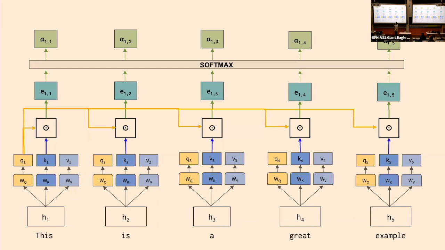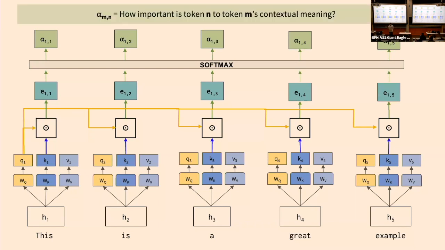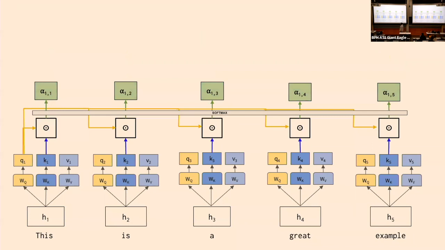It's alpha m,n for how important is the nth token to the mth token, right? And we'll use the shorthand going forward. Okay, cool. So we have these 5 weights for our first token corresponding to the 5 tokens which are present in my sequence. Cool. So what do we do next?